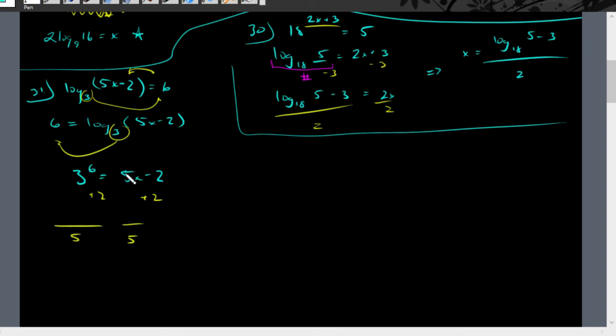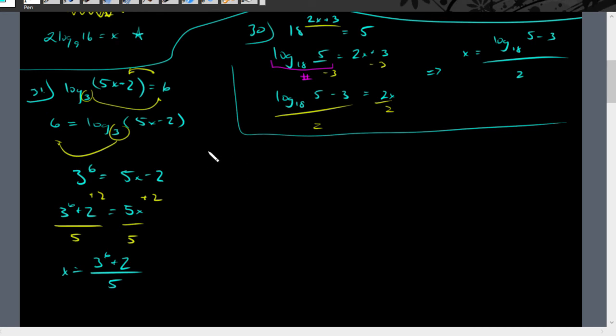So you've got 5x on one side and 3 to the 6th plus 2. Then you divide by 5, and you get x equals 3 to the 6th plus 2 over 5, all over 5. All right, there we go.